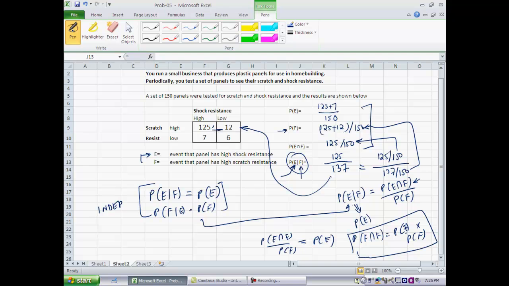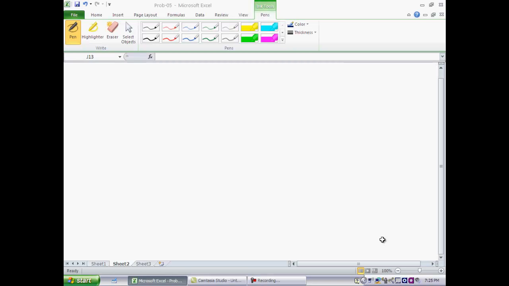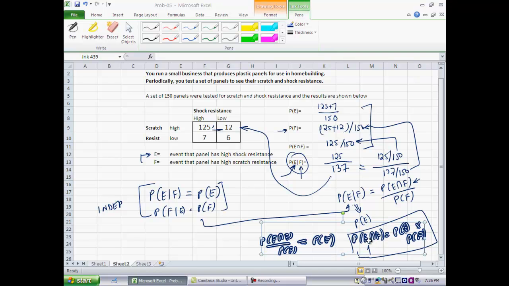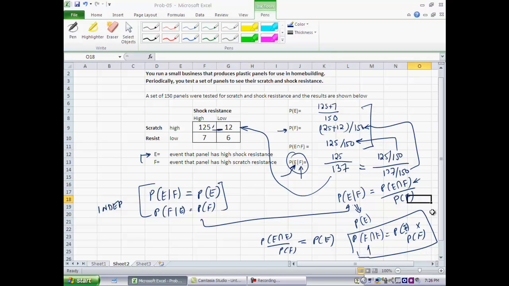So what does the multiplicative law say? It says that if two events E and F are independent, then their joint probability, the probability of E and F, the two of them happening together, is simply the probability of E multiplied by the probability of F. So remember that to find the joint probability of E and F, you can multiply the probabilities only when the two events are independent.